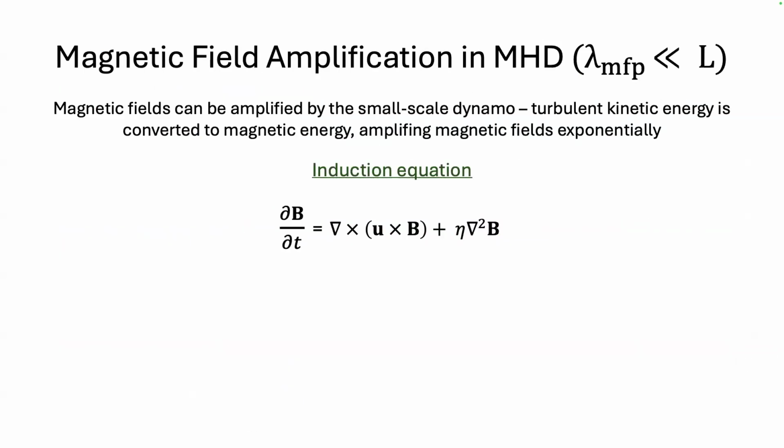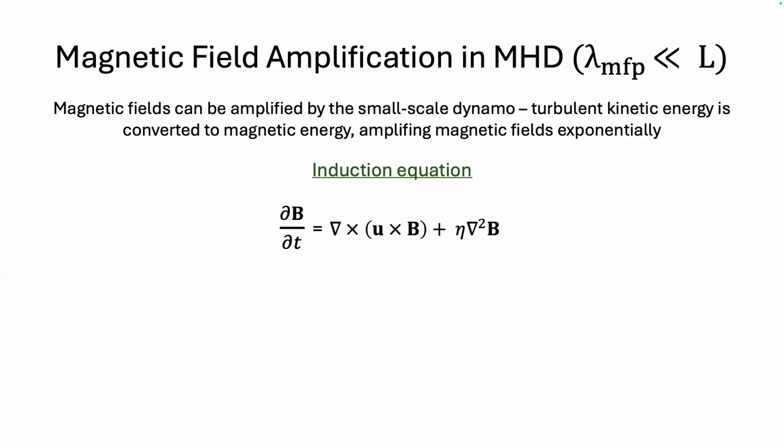So if I use collisional systems and magnetohydrodynamics to model galaxy clusters, MHD is a limit where the mean free path is much less than the system length scale that you're interested in, then you can look at the turbulent small scale dynamo. That's a mechanism that converts turbulent kinetic energy into magnetic energy. We can see this from the MHD induction equation, or the magnetic field evolution equation.